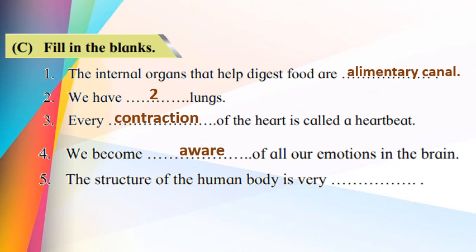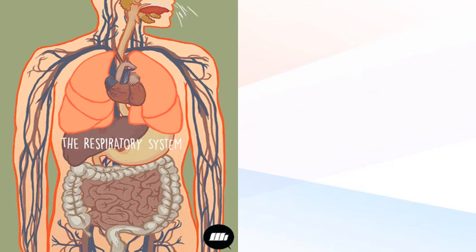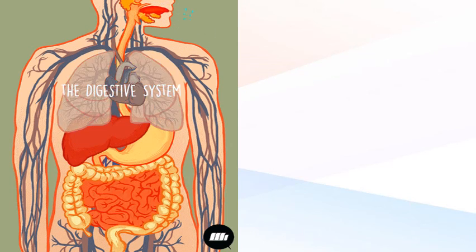Next, the structure of the human body is very complicated or complex, isn't it? Students, here in this picture we can see all the three systems. That is the circulatory system. See here, the heart is pumping, okay, because of that the blood gushes out from the blood vessels.